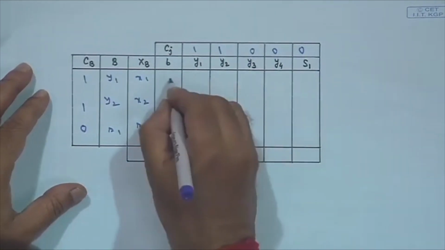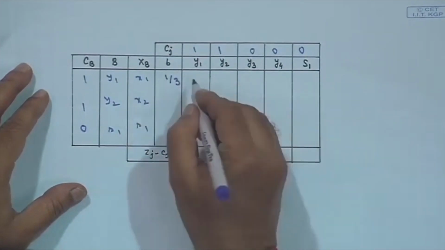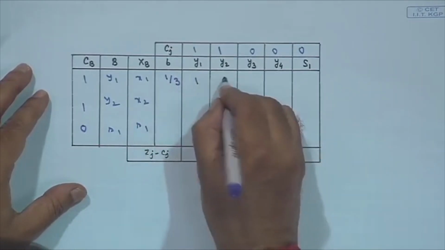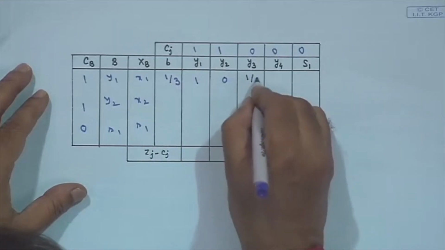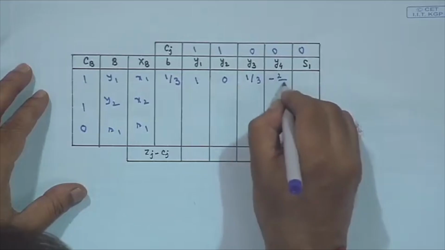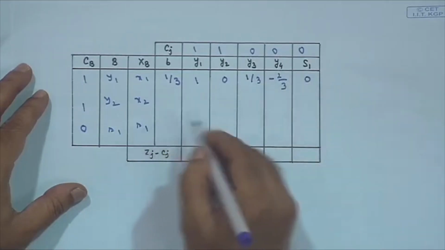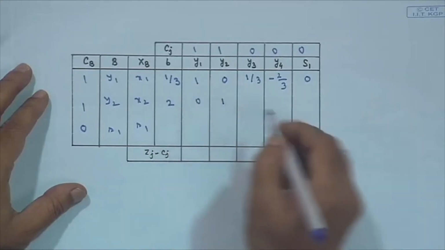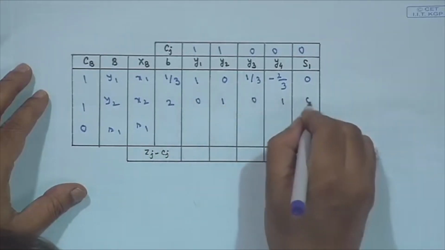There will be no change on the previous table for the first two rows: 1/3, 1, 0, 1/3, minus 2/3, and S1 is 0. The second one is 2, 0, 1, 0, 1, 0.